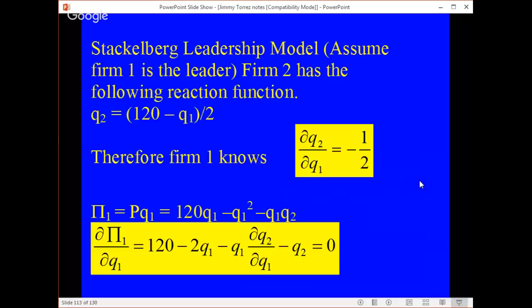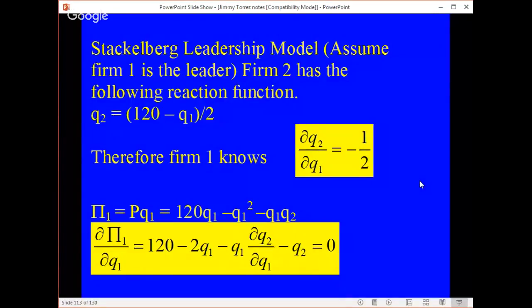My profit for firm 1 is just the revenue, so it's 120 Q1 minus Q1 squared minus Q1 Q2. And I take the derivative, so I get 120 minus 2Q1 minus Q1 times the partial of Q2 with respect to Q1, minus Q2.